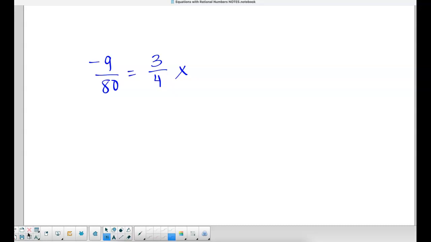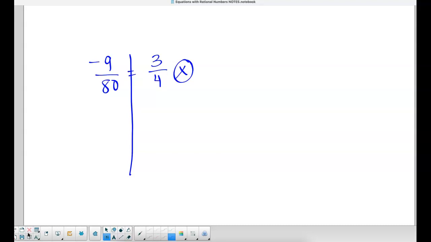Okay, draw the line, circle the x. We have to get rid of what's next to the x. How do we get rid of that? Elise. Divide by 3/4. But remember, with fractions, we don't really divide. We're going to flip it and multiply. Okay?